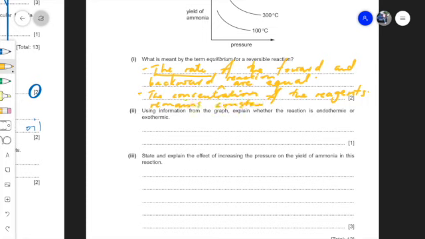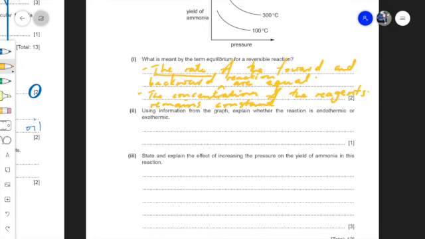So what is not constant? The rate of the backward reaction and the forward reaction are going to be the same, and also the concentrations of the reactants and the products remain unchanged, or remain constant.